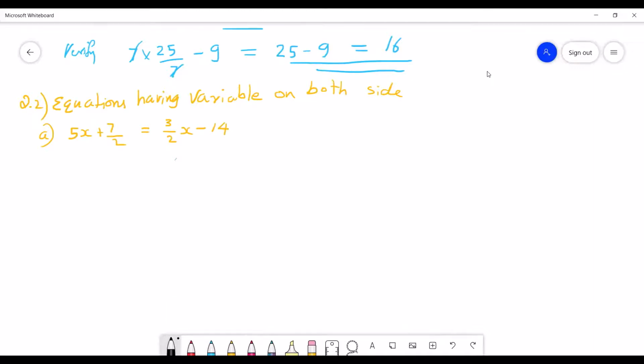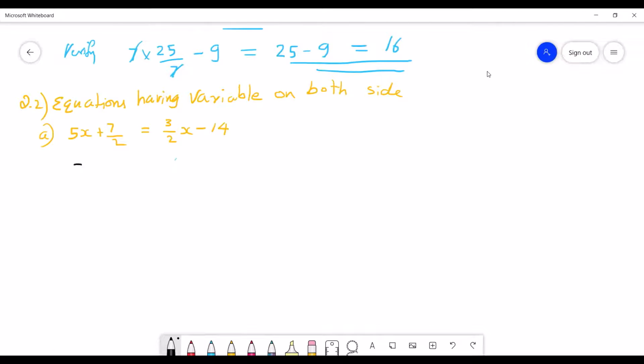In this type of question where the variable is there in both LHS as well as RHS, see, in the LHS we have the variable 5x, and here also 3 by 2 x is a variable. In this case, the variable terms we have to transpose to the left hand side, and the constants we will transpose to the right hand side.